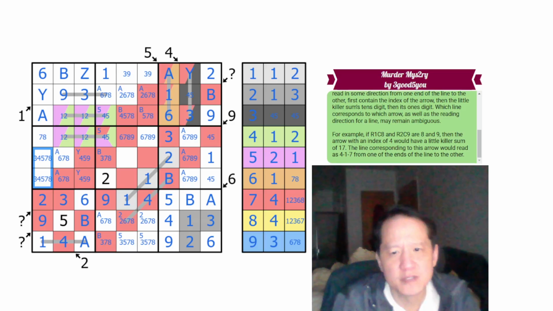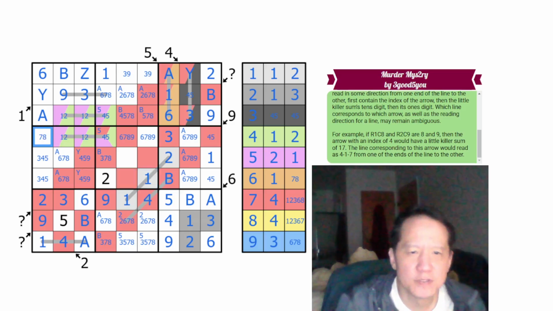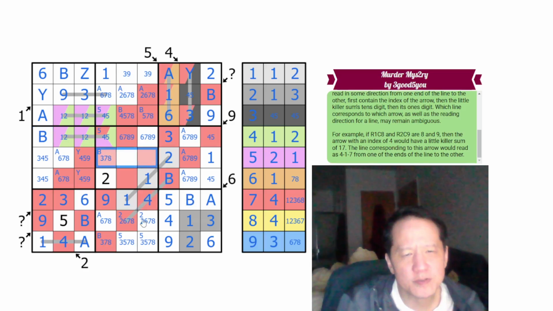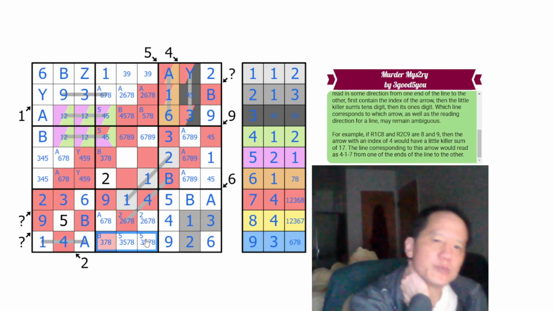So this can't be 7 or 8. Interesting. So this has to be B, which means one of these three is a B. And it could be any of these. One of these two is a B. One of these three is a B, obviously.